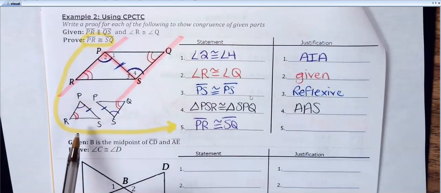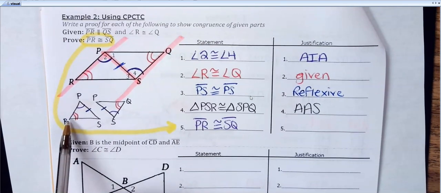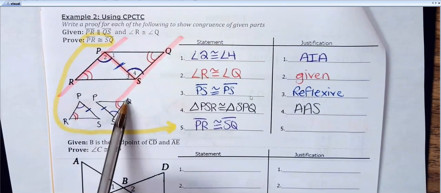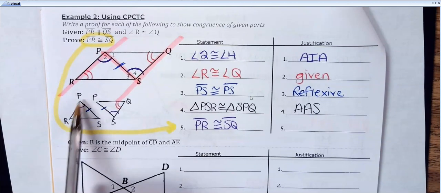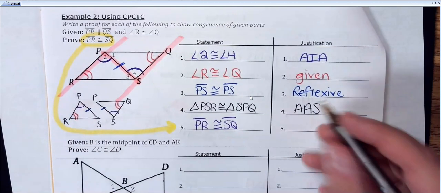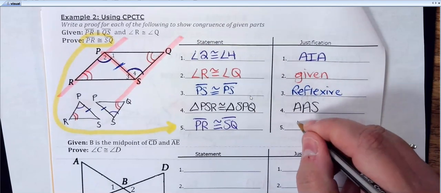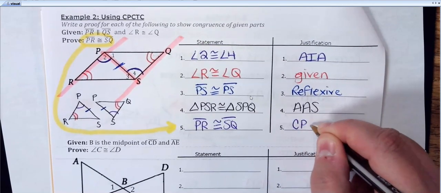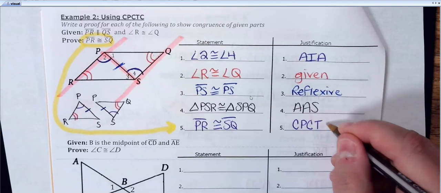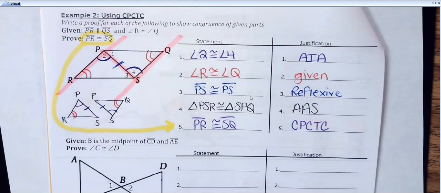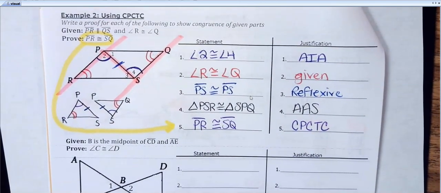If you look at the diagram, SQ would be here and PR would be here, and you can hopefully see that side is between the single curve and the double curve angles there. Those are corresponding sides, and because the triangles are congruent, corresponding parts of congruent triangles have to be congruent to each other. So I know that's got to be the last step.